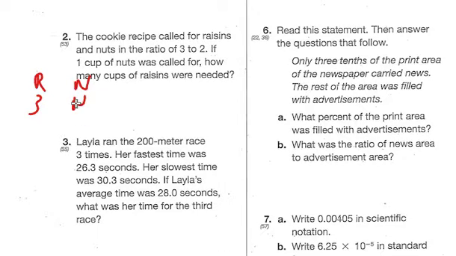So this is a hideous 2. I think I wrote an N instead of a 2. Look at that. That's a 2. Okay. So we only use 1 cup of nuts, and so we're looking at the ratio both ways. This is your ratio box, 3 to 2, and then going up and down you have 2 to 1.